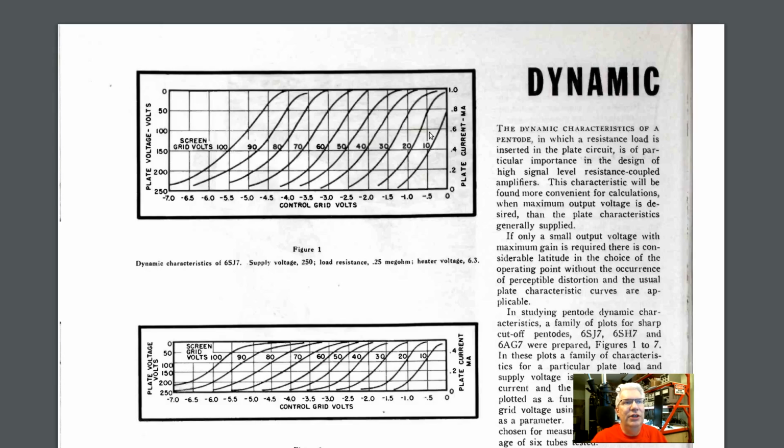By choosing it, you get to pick which one of these curves you're going to reside on, and by changing the bias point, you can change basically where on an individual curve your signal traverses. And we'll show you that. This is the whole reason why I came up with the IMD Explorer tool.